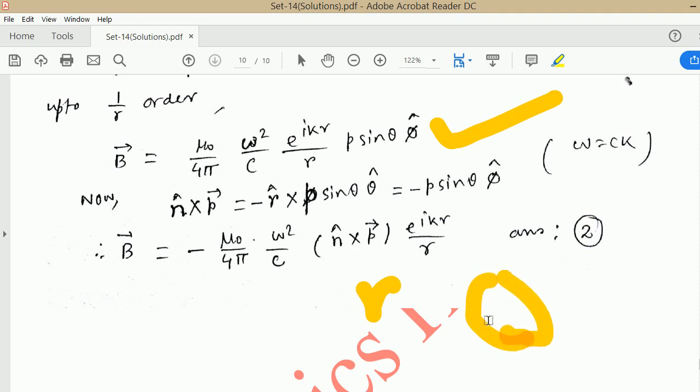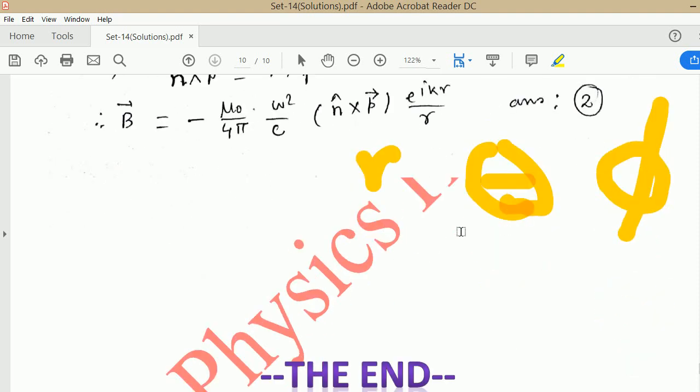Okay, my pen is very weak, it cannot write so much. So r theta phi has got a clockwise relation. If you take the cross product of r with theta, you get phi. It's like x y z: x cap cross y cap equals z cap, y cap cross z cap equals x cap, z cap cross x cap equals y cap.